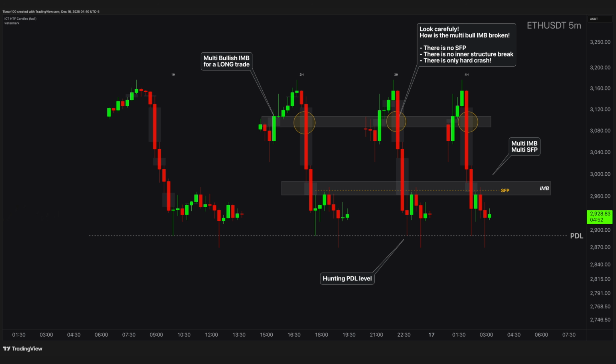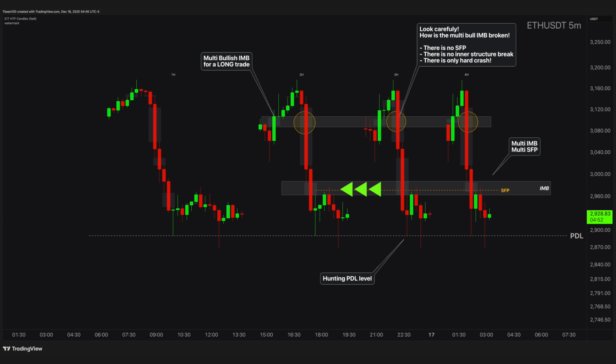There is also no inner structure break in that area at all. Instead, there's a strong and aggressive price push downwards. This tells us that buyers at this level were not able to push the price higher in any meaningful way. These are small tips and details that you really need to look for before entering any kind of trade.